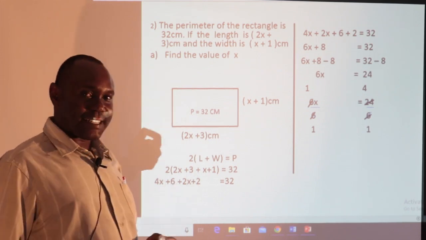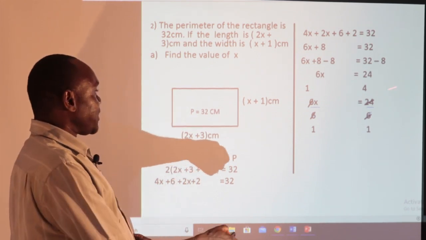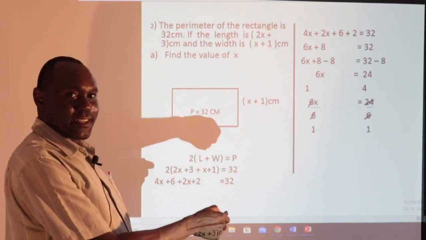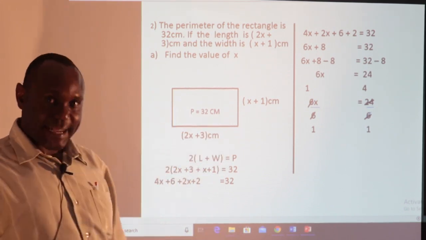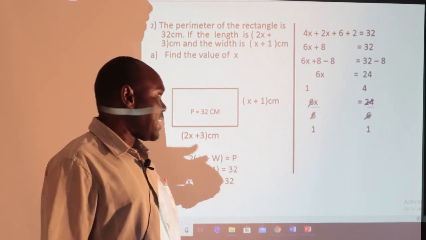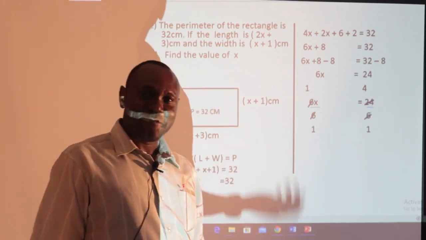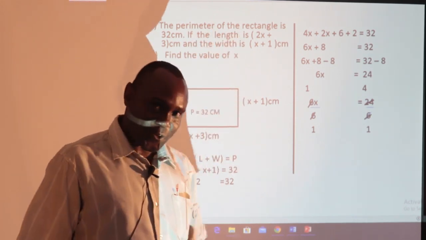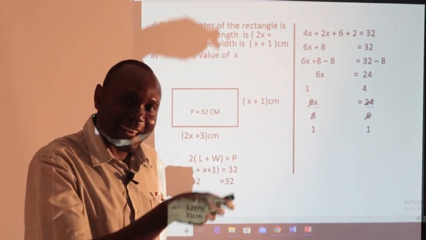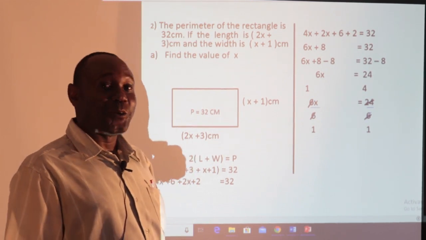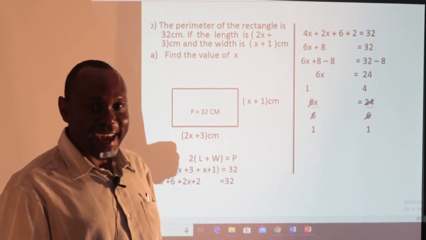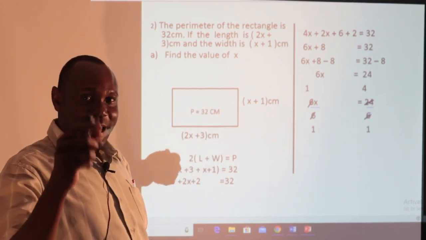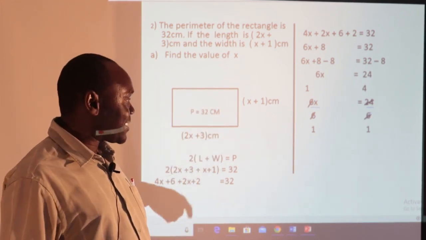Make sure that the cancellation there is shown properly. Sometimes children lose marks. They hurry and say, after all I know 24 divided by 6, the answer is 4, and they don't show the cancellation. The examiner will circle it and award you M0, A0. Remember, the moment the examiner begins with M0, what follows?